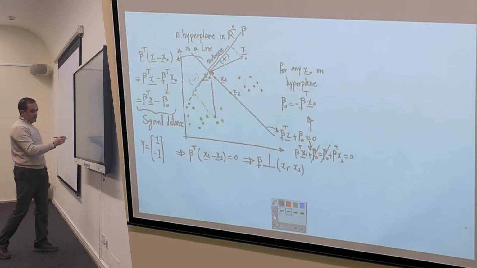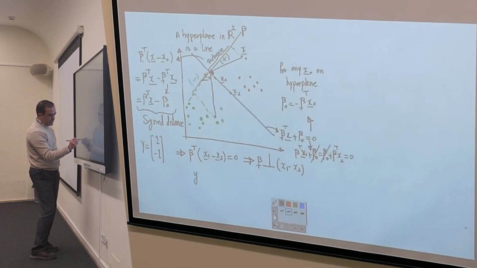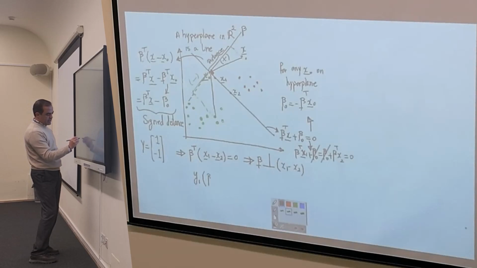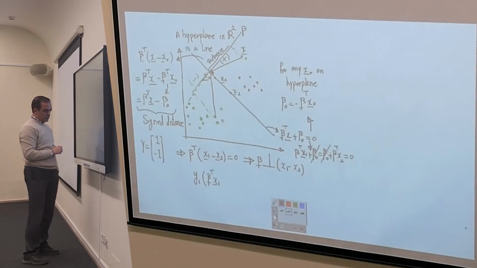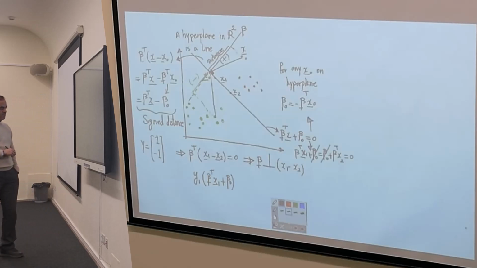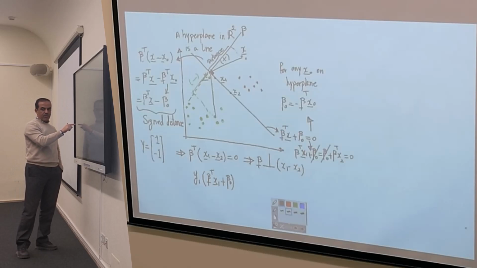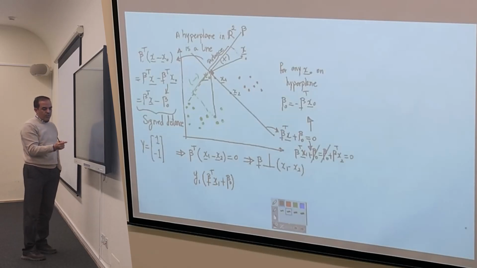So if we multiply this y for x's, so if we have this beta transpose x1 plus beta 0, for example. So if this is positive, the corresponding y would be also 1, and the multiplication would be positive.